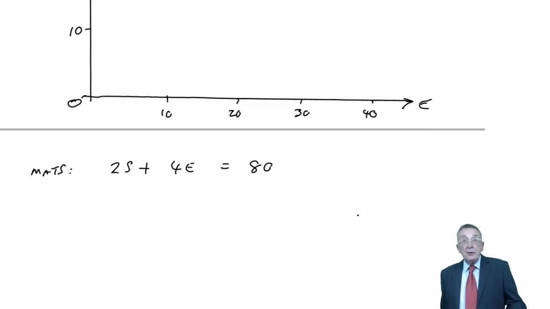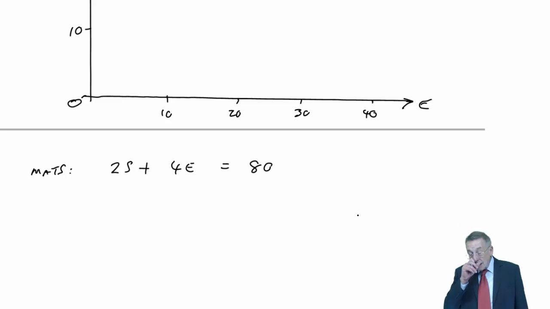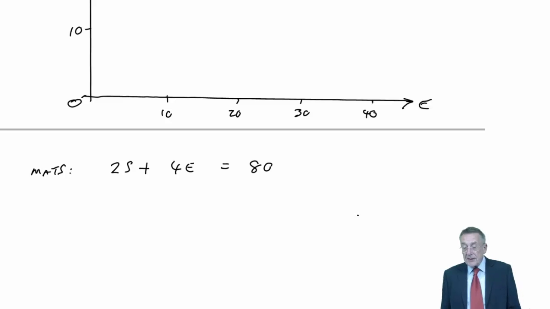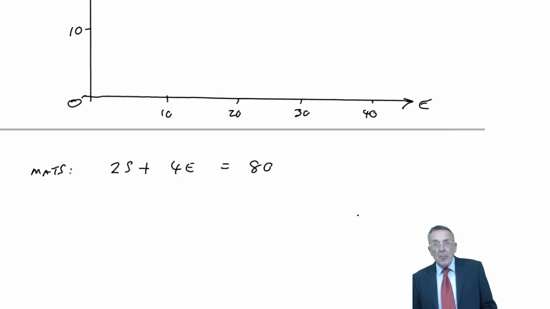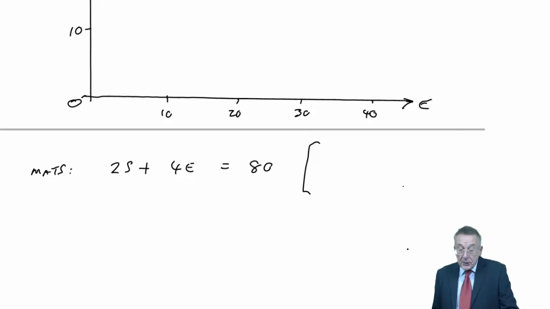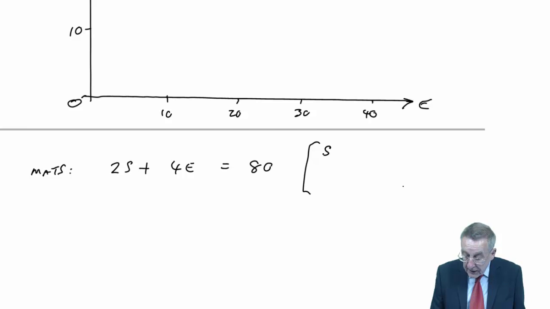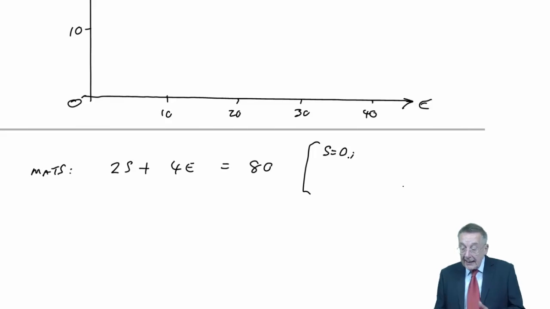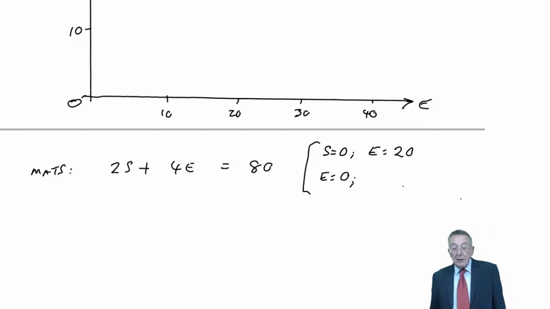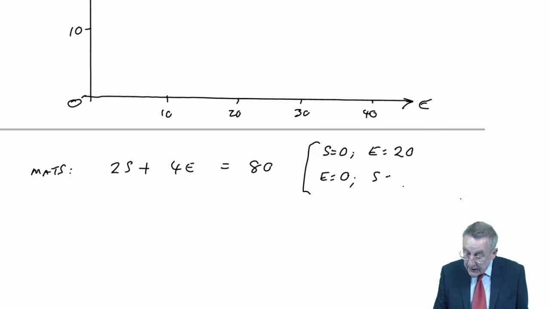You should know from school that any equation of that form, where you've no S squared, S cubed and things, is a straight line. Two points fix a line. Any two points would do, but the easiest: when S equals 0, 4E is 80, therefore E would be 20. And for a second point, when E equals 0, 2S is 80, or S is 40.